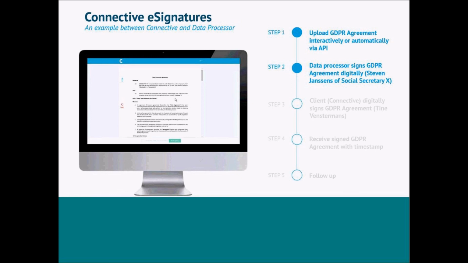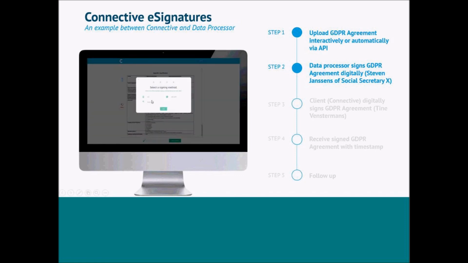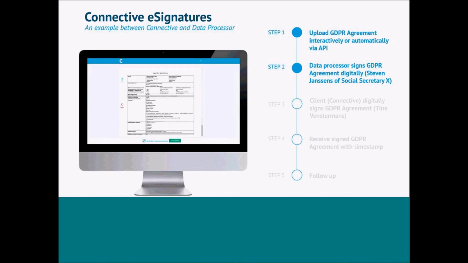All signers can easily reject the document if requested, using the reject button, and select the reason why they want to reject this specific document. All signers need to scroll down the whole document, and they need to declare that they've read all documents that need to be signed. Only then can signers start signing. So we really assure you that every signer read the whole document.